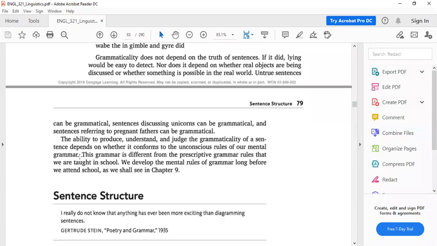No. Or do you think of the rules when you hear something and you want to understand it? No. Or when we judge the grammaticality of a sentence. Sometimes we as native speakers don't think of the rules, but we say that this is ungrammatical.